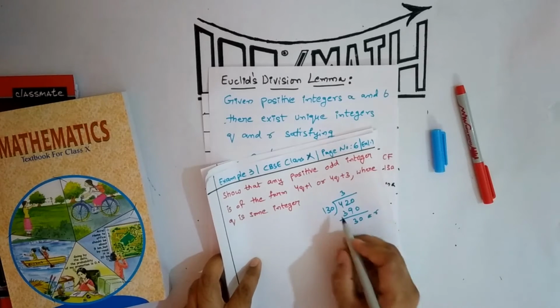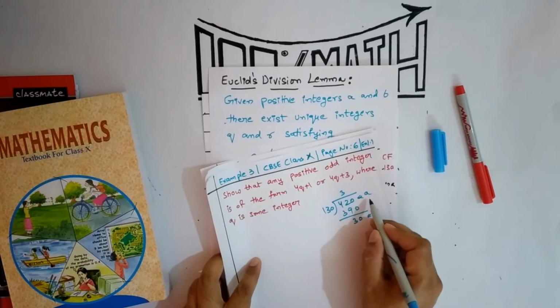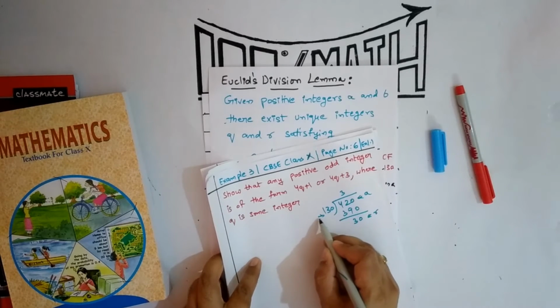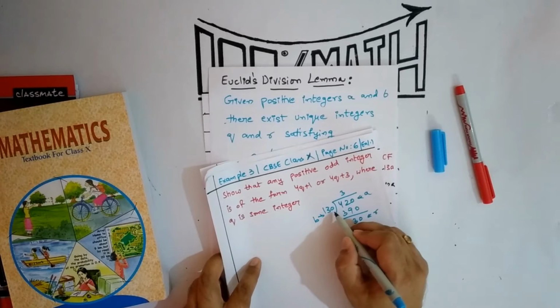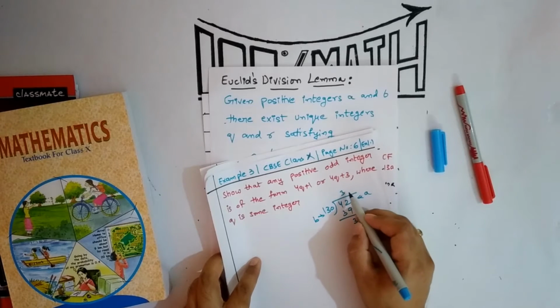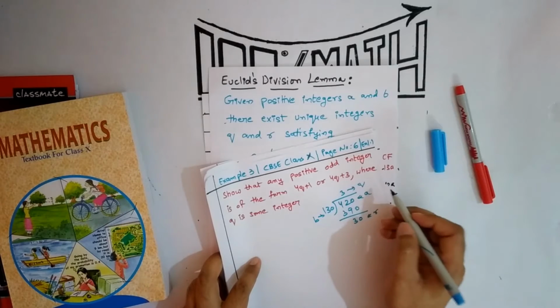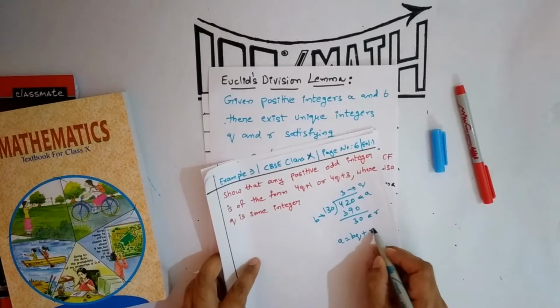This is the remainder. This is the dividend, that is a, which is the larger number, and this is b, that is the divisor, which is the smaller number among the two numbers for which we are trying to find the HCF, and this is the quotient q. a is equal to bq plus r.